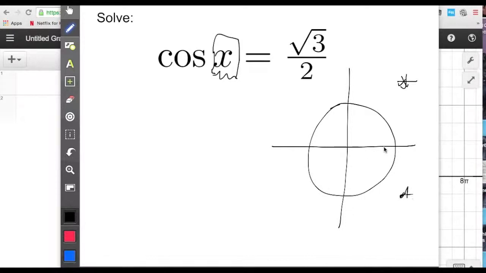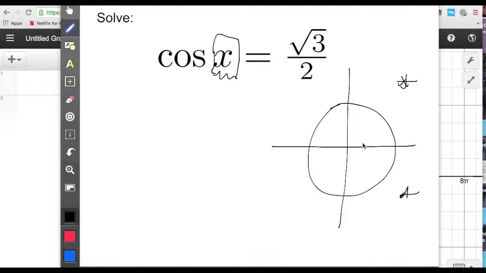But cos is also going to be positive down here, because it would share that same x value right here. Wherever that triangle would lie would have an x value on this axis. So where would the root 3 over 2 lie? Root 3 over 2 is the longer of the two values that we normally compare, along with a half.